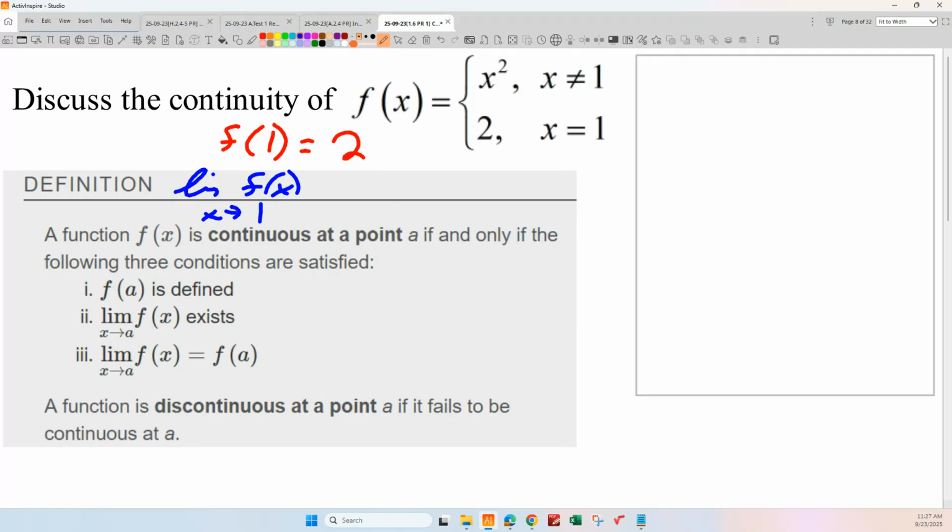Right. Okay, because for all values of x except 1, this is the function, right? It's x squared. Well, in a limit, we don't get to the point. We're just approaching the point. So in the context of a limit, again, let's make this blue and red. I think that red was on top last time, so let's do that. I should flip it around so it matches what I already did.